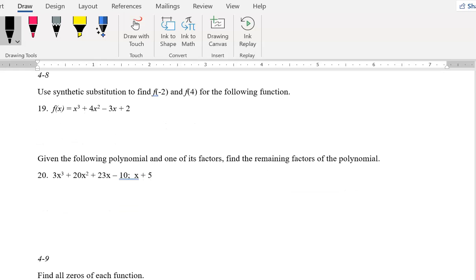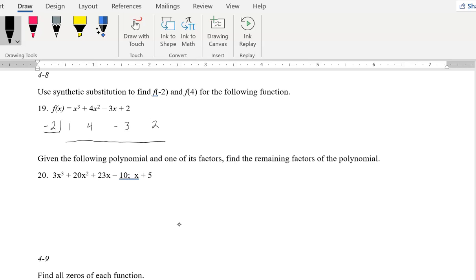Now we'll do a synthetic substitution problem. Okay, so for synthetic substitution, let's take -2 first, put it in the house, and then beside that we're going to put 1, 4, -3, +2, and whatever we get as the remainder will be the answer.